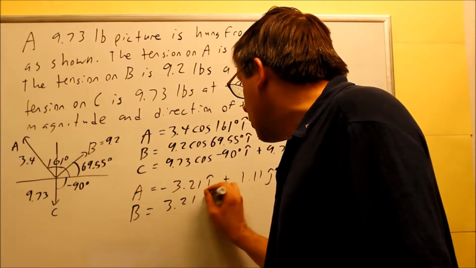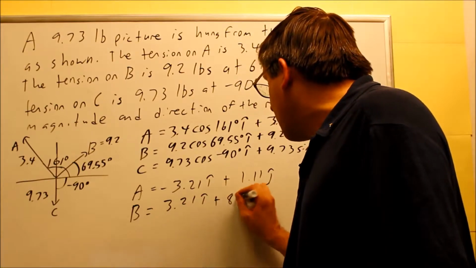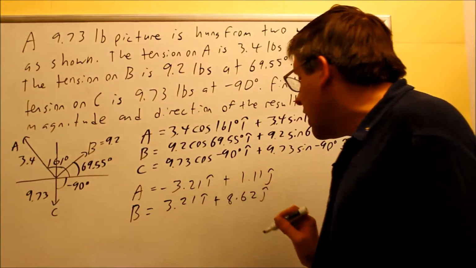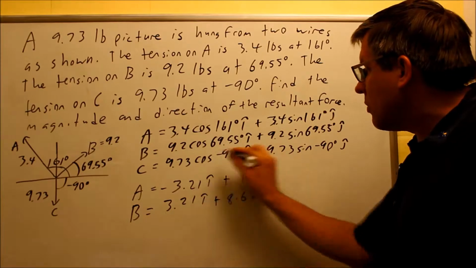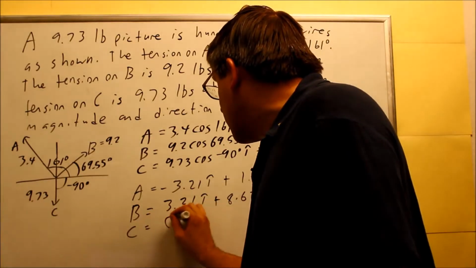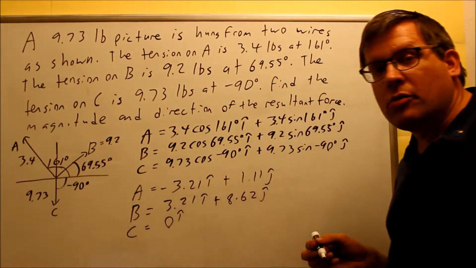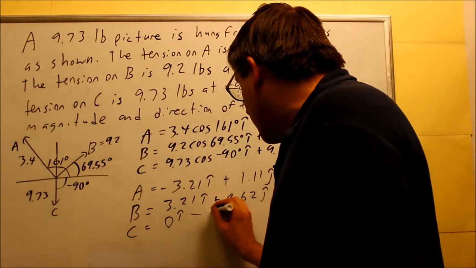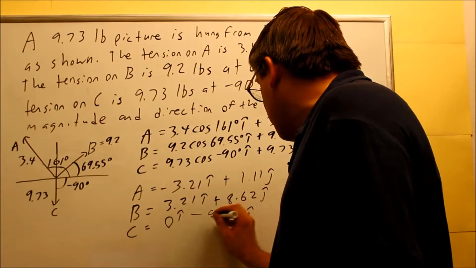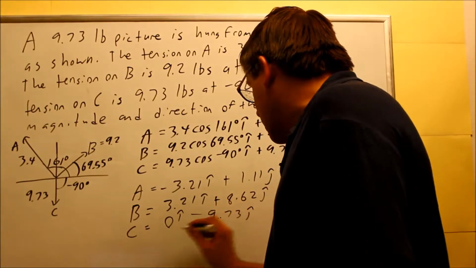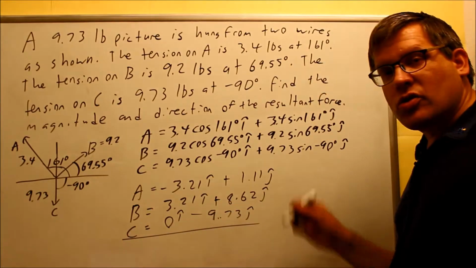That's positive 3.21 I plus 8.62 J. And for the bottom one, we get 0, because cosine of negative 90, the x-component, is 0. And then you have minus 9.73 J. So that is all three of our forces turned into decimals.